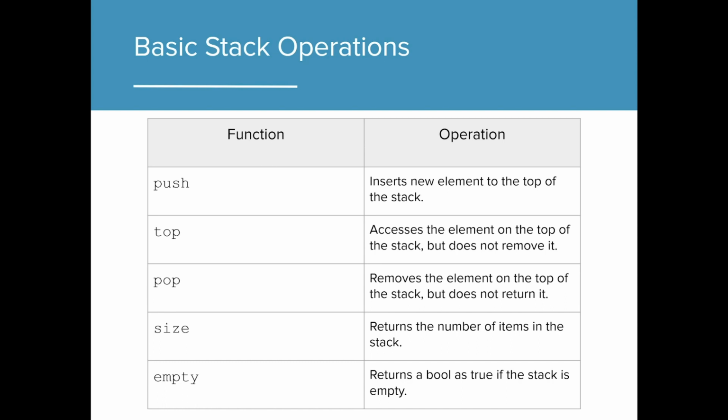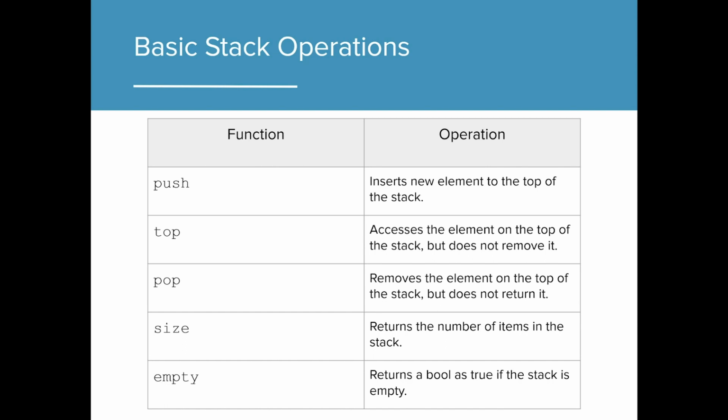There are a couple of things to notice when looking at stack functions. First, unlike other languages, C++ separates access and remove functions. If you want the top item in a stack, you will need to use the top command, but the item will remain on the top of the stack. To remove an item, you use the pop command, but this doesn't return any value.